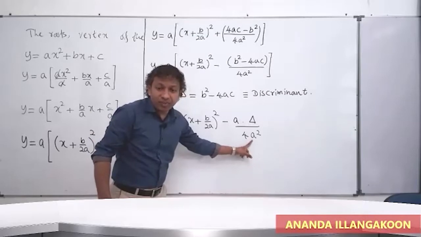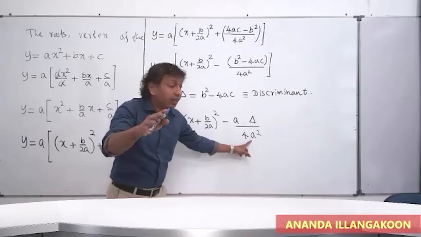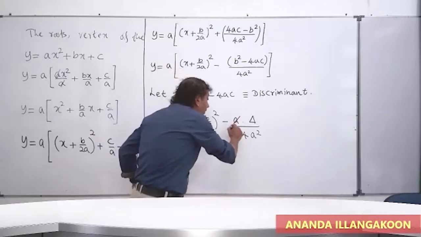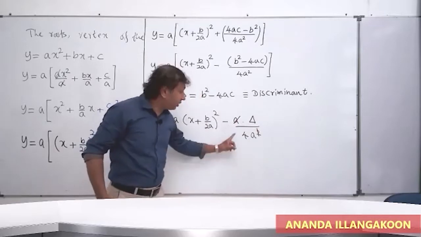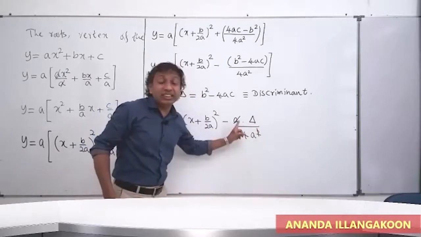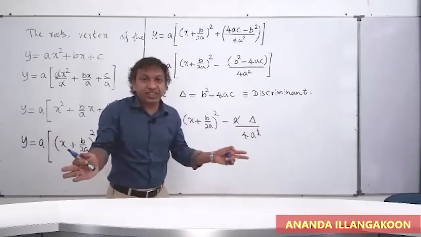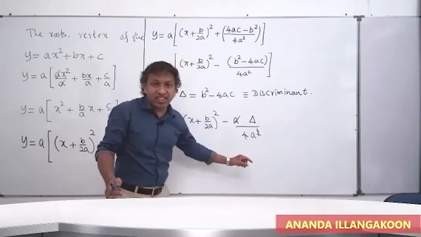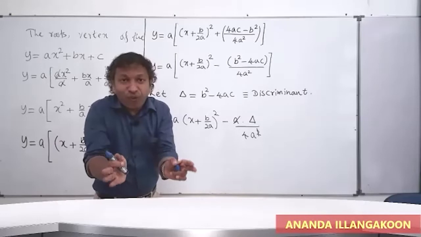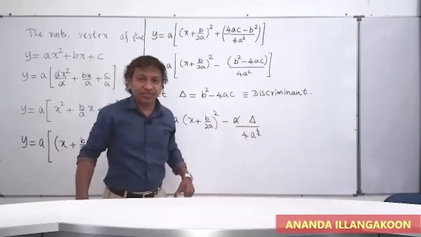Finally, after every simplification, we should have 4a at the denominator. Until we get 4a at the denominator, we cancel the rest.